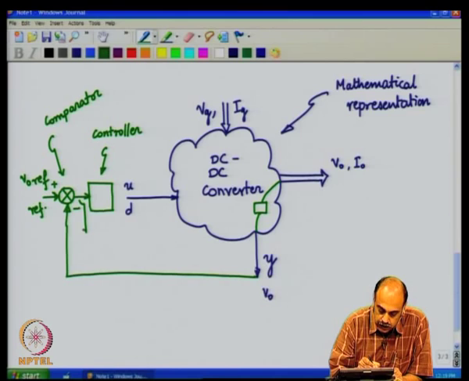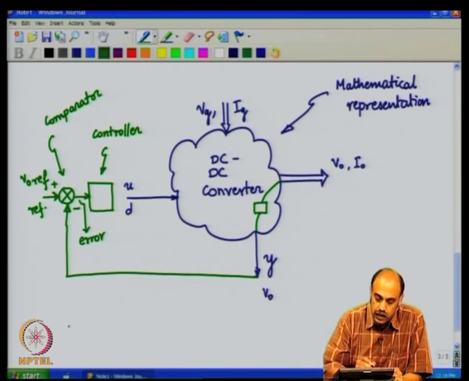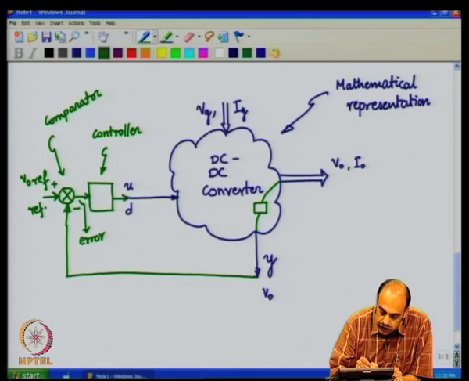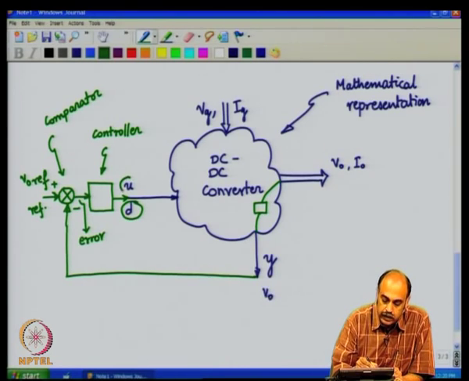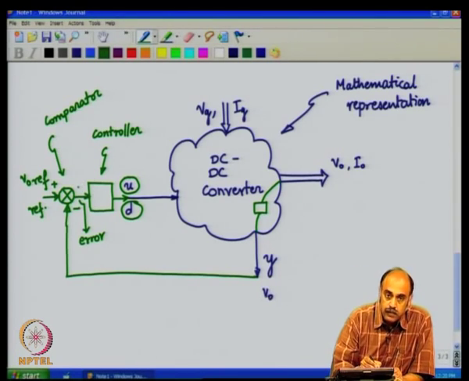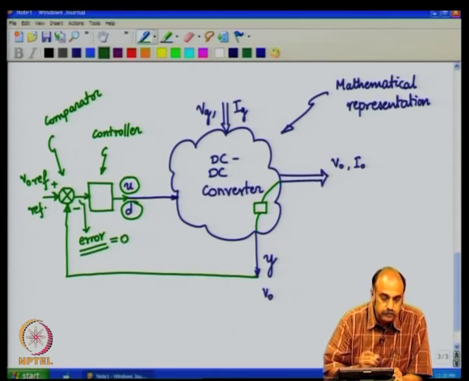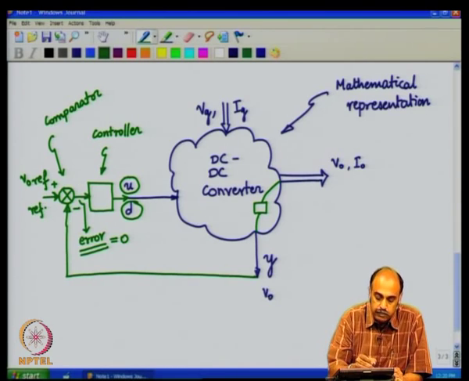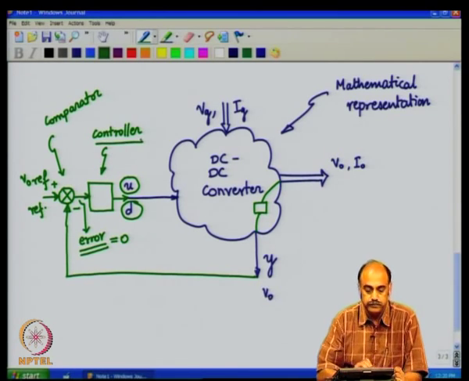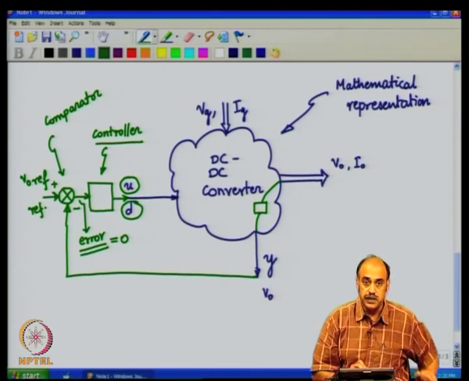So, what you get here is the error between the feedback signal and the reference, and the objective of the controller is to give an appropriate value of control input, whatever be the control input D in this case, such that the error goes to 0. So, that is the job of this controller. This is what we want to ultimately achieve.